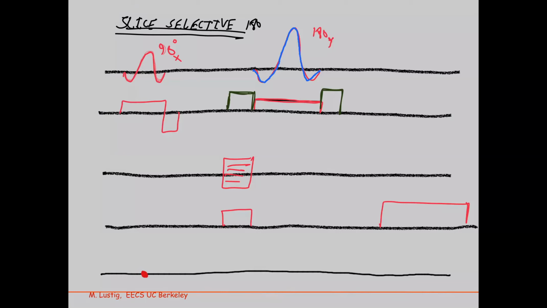So basically this stays constant till it reaches this gradient. Okay. What happens when this gradient is on? What happens to the phase?